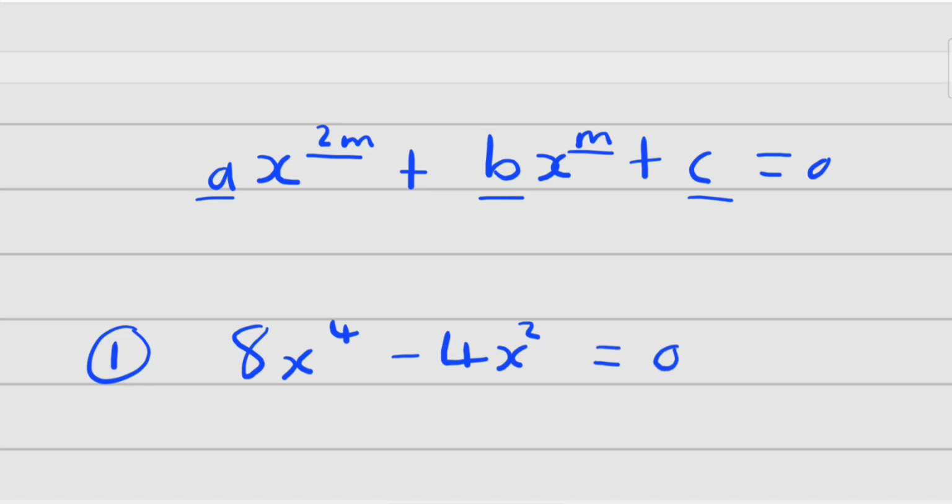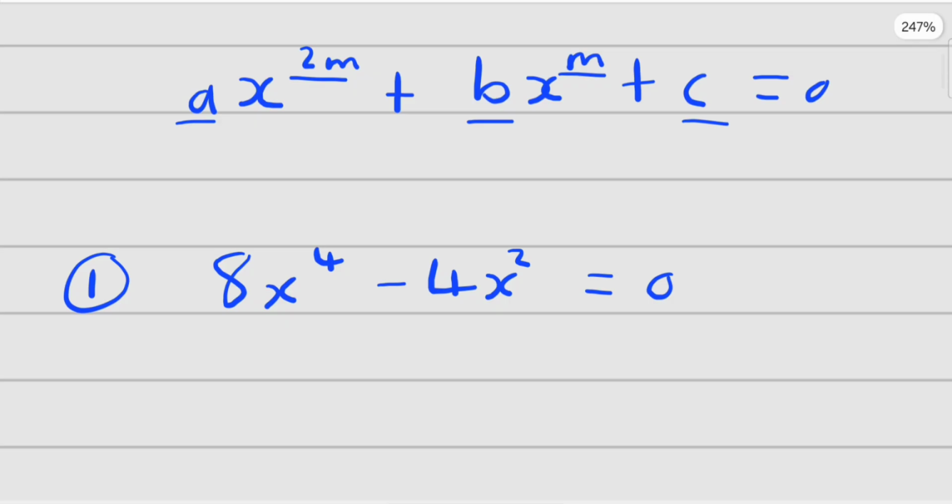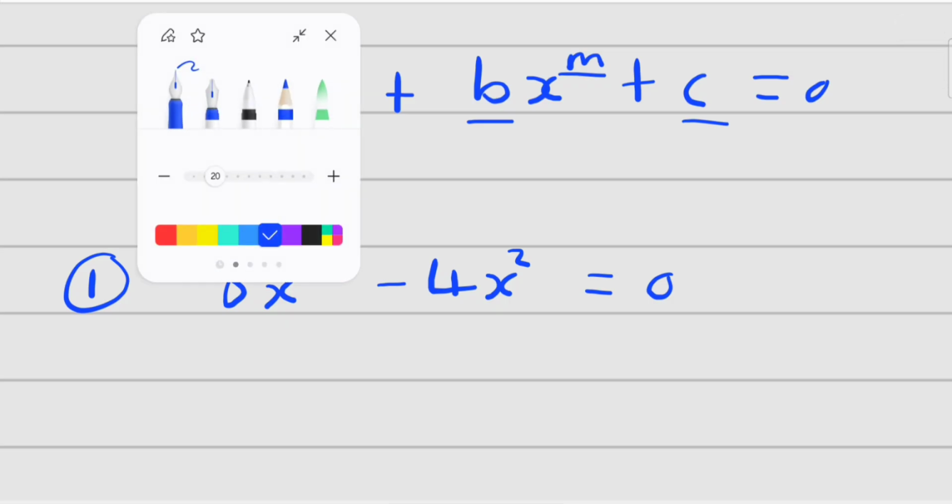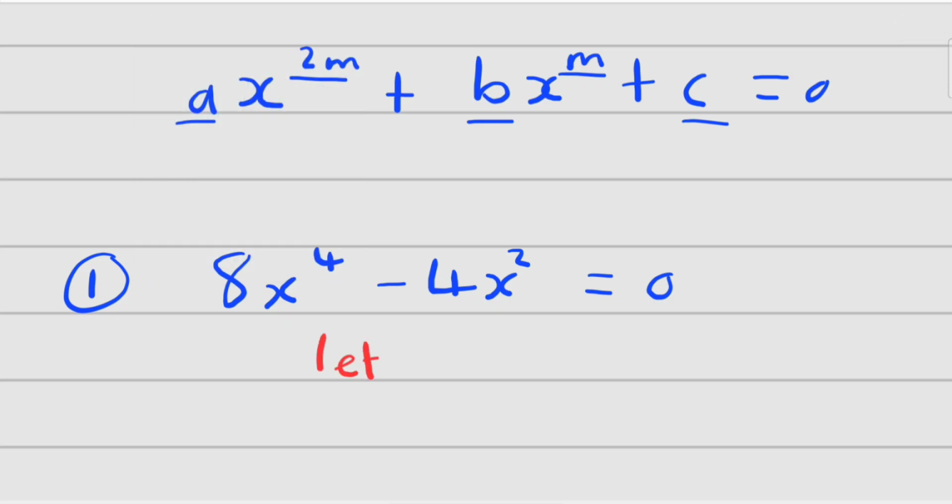So just by looking at this, it looks impossible to work out, right? But just remember that equations like these are what we call disguised quadratics, right? And by that I mean we can use our simple quadratics to solve these, right? So we can say, for example, let our x squared be y, right?